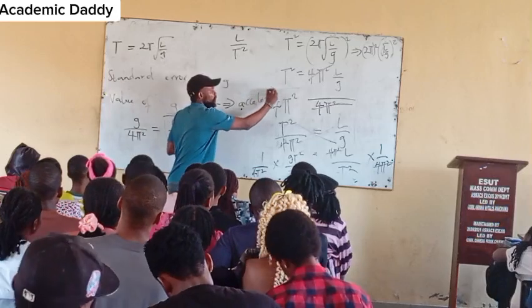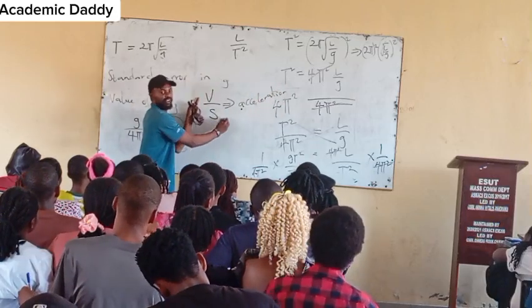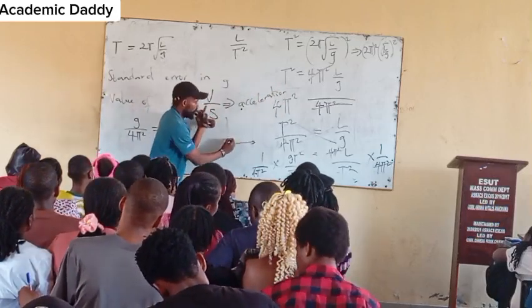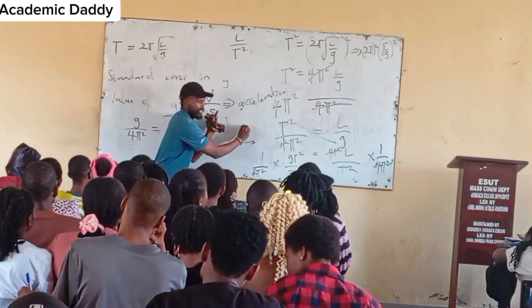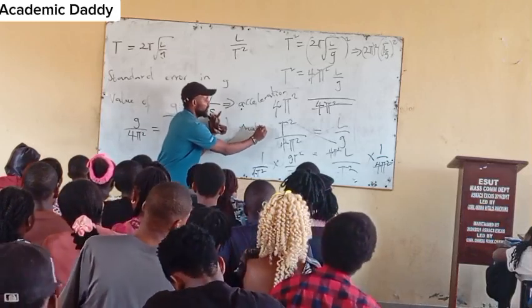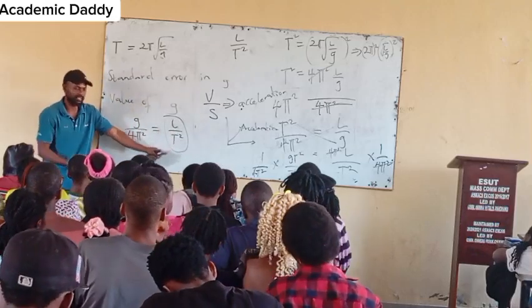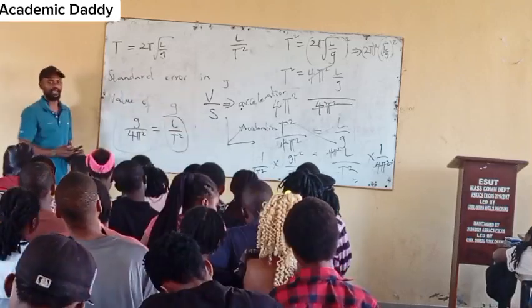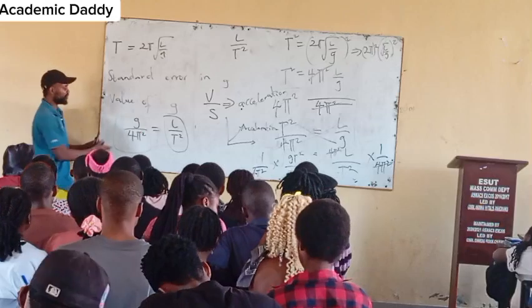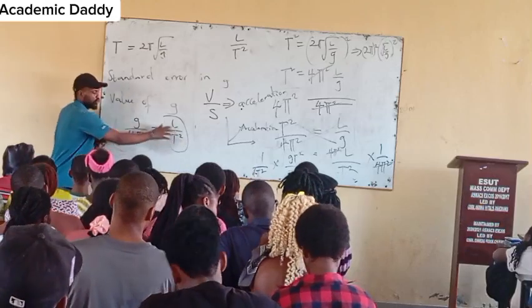Whenever you plot velocity and time, what you are getting is acceleration. So if I plot L over T squared, what I'm getting is its gradient, which is its slope. So this is the formula I will use to solve the slope.